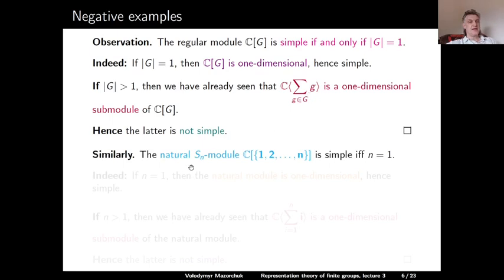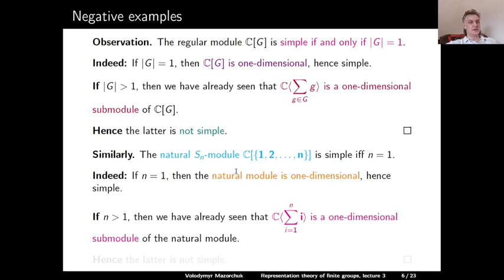Similarly, consider the natural Sn module, the linearization of the natural action of Sn on the set 1, 2, 3, and so on up to n. This module is simple if and only if n is equal to 1. If n is equal to 1, then the module is one-dimensional and hence simple.